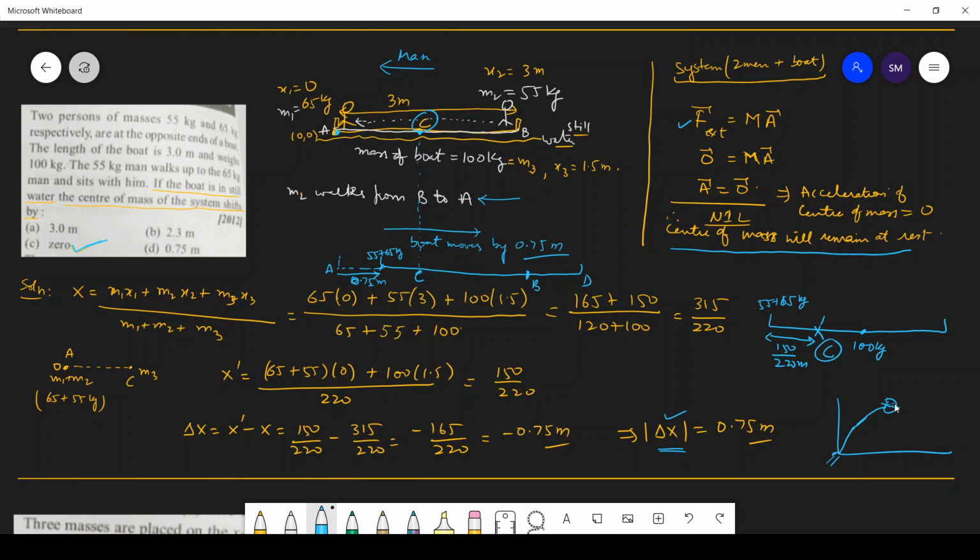So the center of mass will remain moving in the same direction. There may be two parts, or 3, 4, 5, 6 and n number of parts, but the center of mass will remain moving in the same direction. Why? Because there is no external force on it. That is why the state of the center of mass will not change.